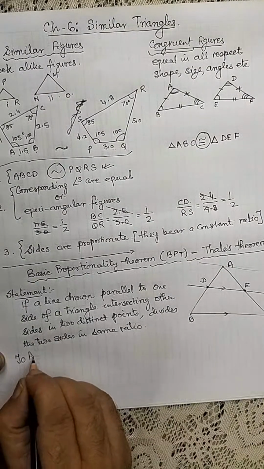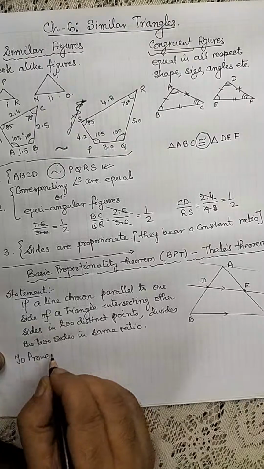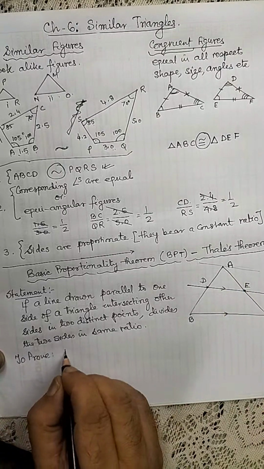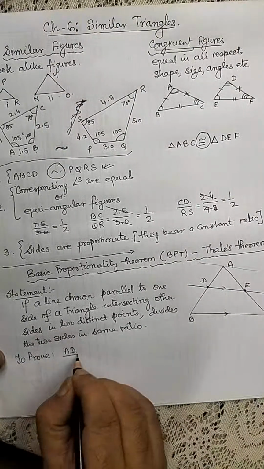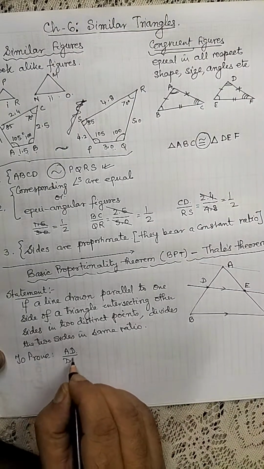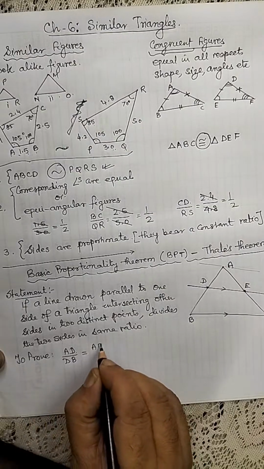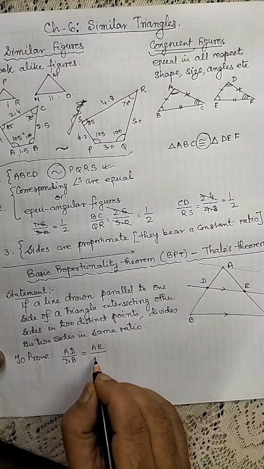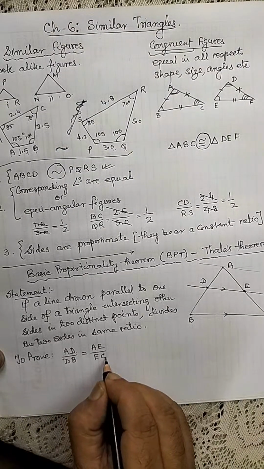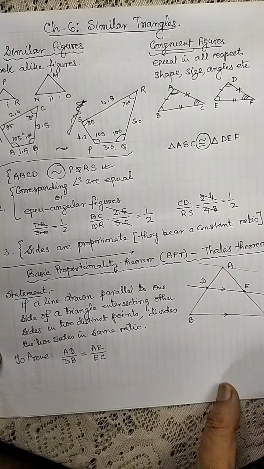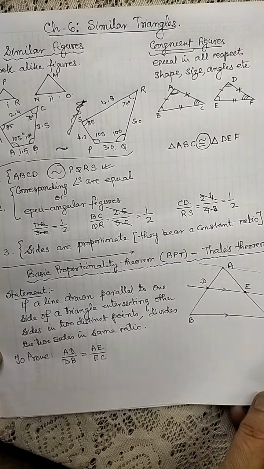To prove it divides in same ratio. That means AD upon DB is same as AE upon EC. So this is what we have to prove. Hope till here we are clear.